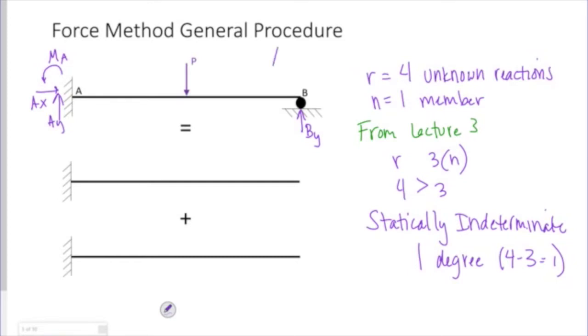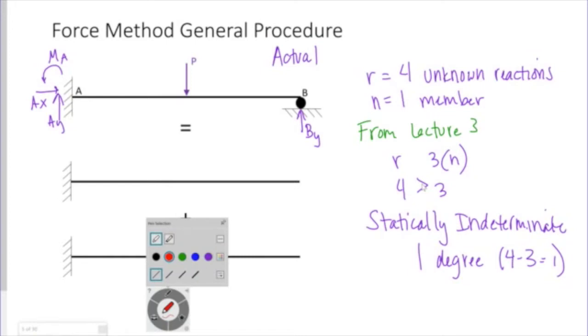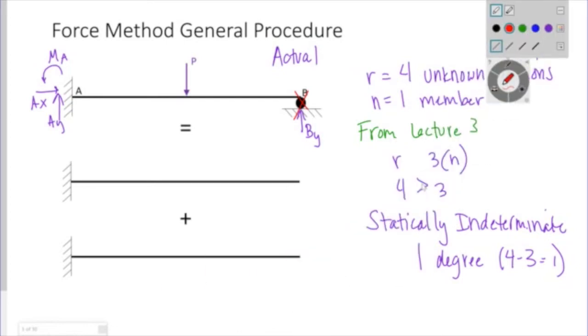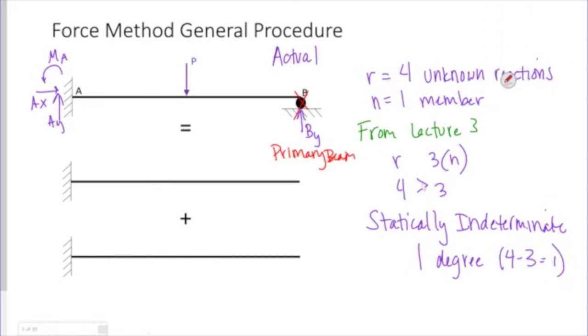So if this up here is my actual beam, what I'm going to do is take away 1 of my reactions. And I'm going to choose to take away this roller. So now, if I look at my primary beam, that's what this next one is called, I only have the fixed end on the left side.